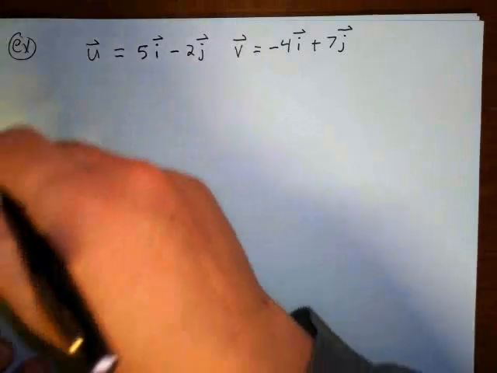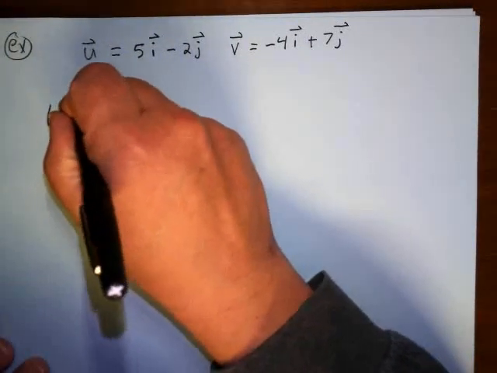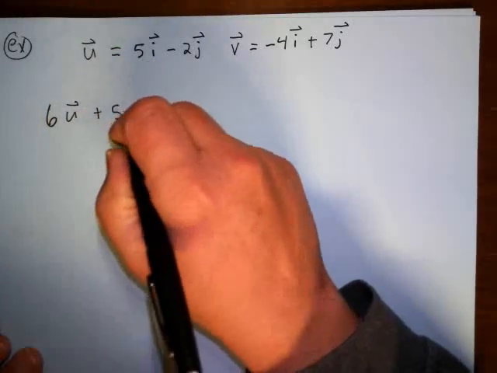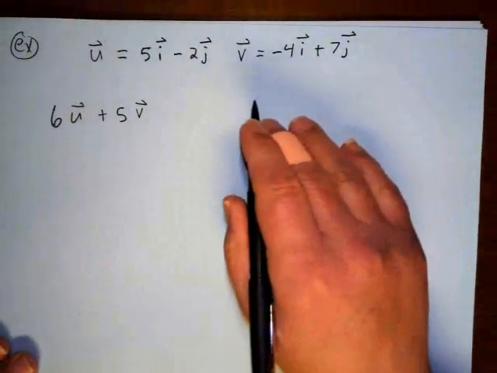So I might have 6 times u plus 5 times v, and u and v are these.